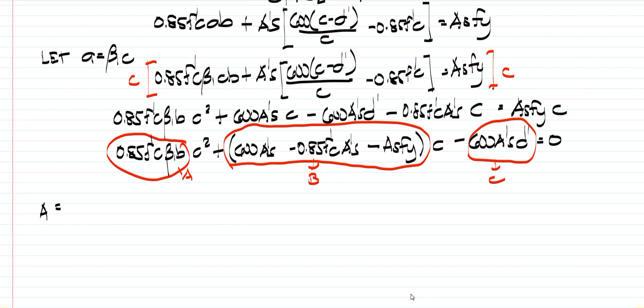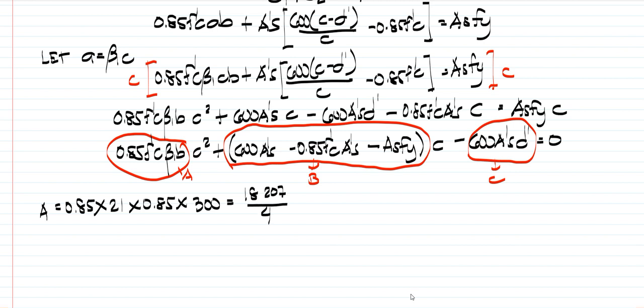So, our a value will just be 0.85 times 21 times 0.85 times the value b, which is 300. So, that will be a value of 18,207 divided by 4.